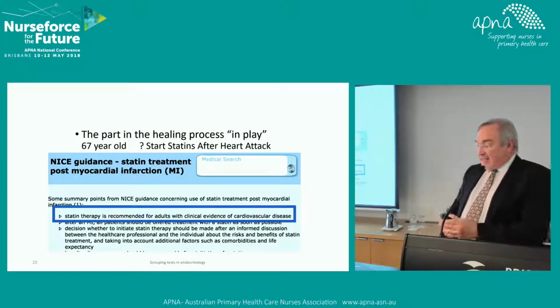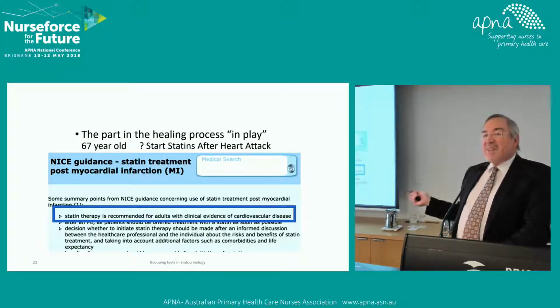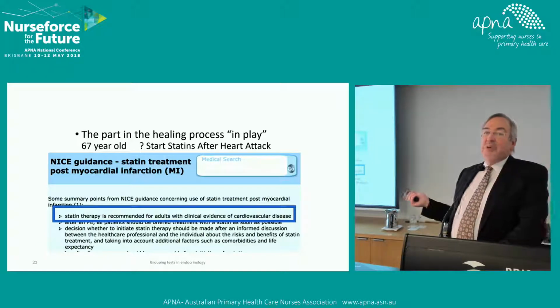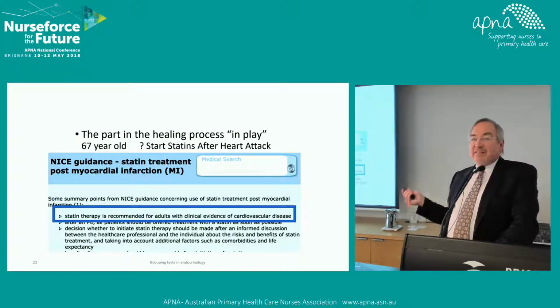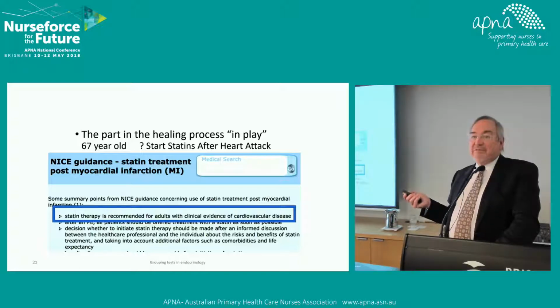And in this case, their recommendation is that in some ways it doesn't matter what their cholesterol is, because they've already proven that they've got high cardiovascular risk by actually having a heart attack. So once you know they've had a heart attack, knowing what their cholesterol is doesn't necessarily help you stratify them any differently.